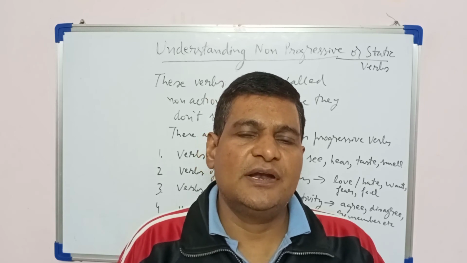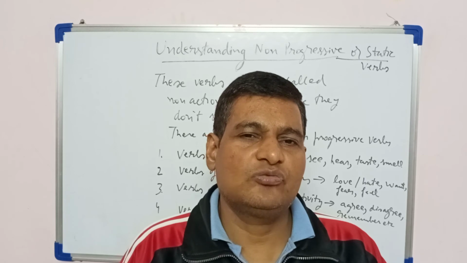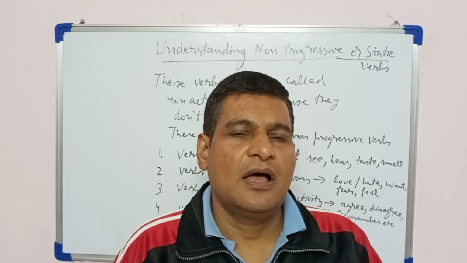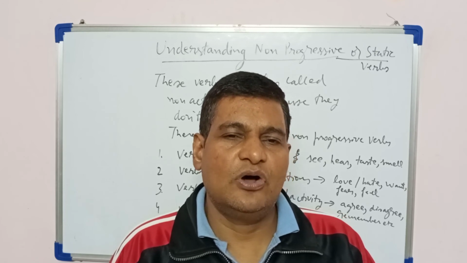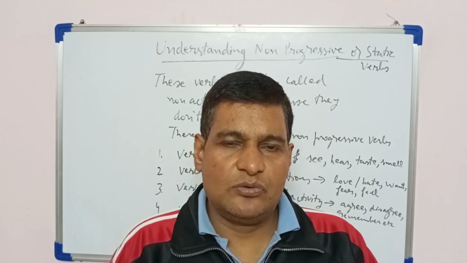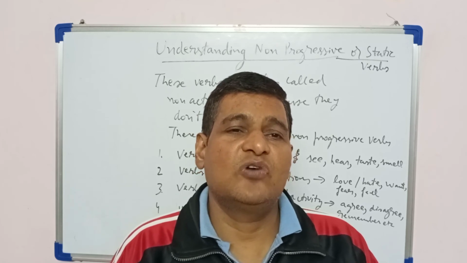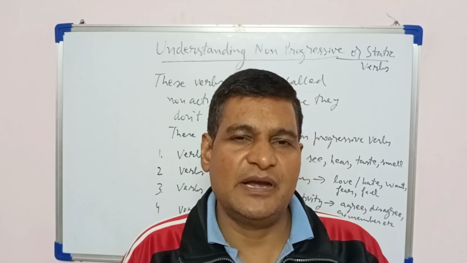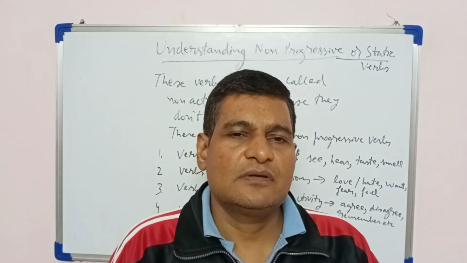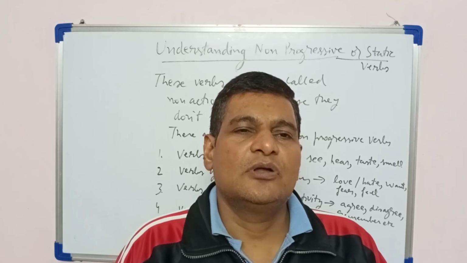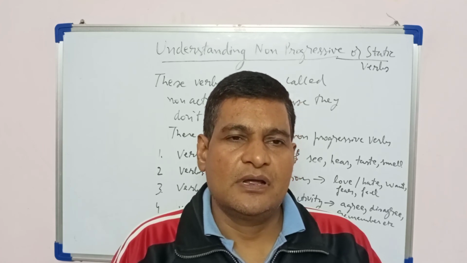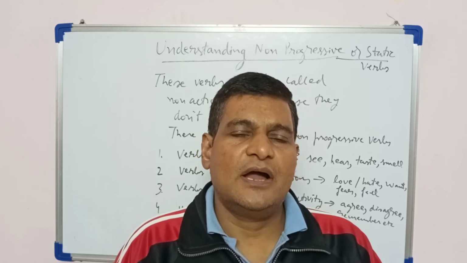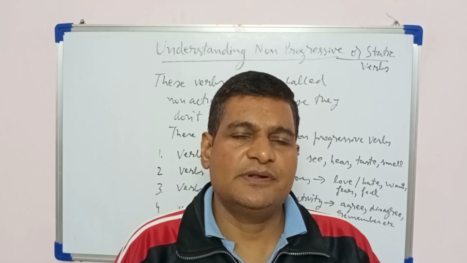Verbs of emotions are related to our heart, whatever comes from our heart directly, these are our feelings. And verbs of mental state or activity are related to our mindset, what comes in our mind, what we think. These come from our mind. The verbs of feeling come from our heart. And then finally the verb of possession shows ownership, belongingness or possession.